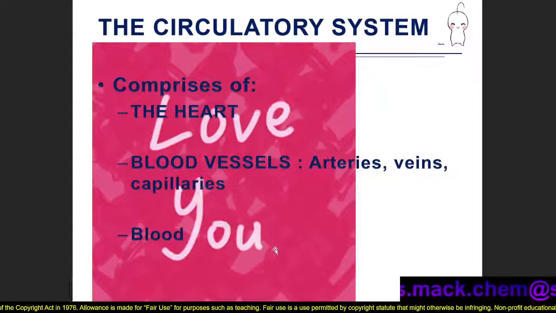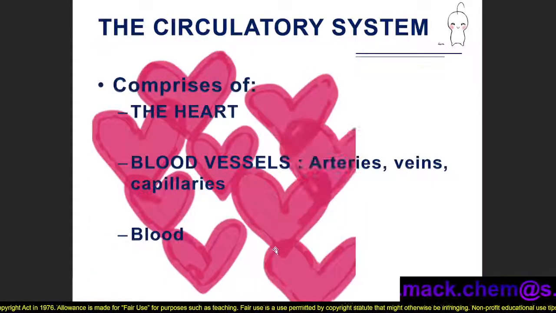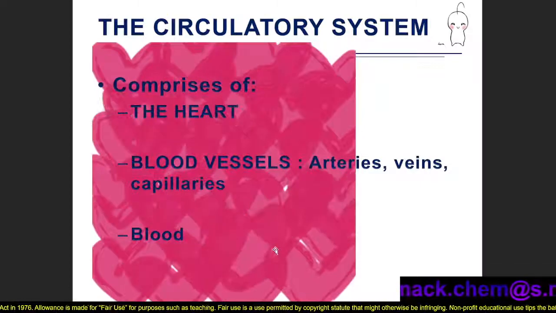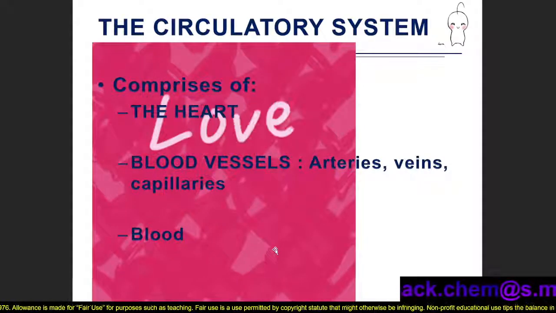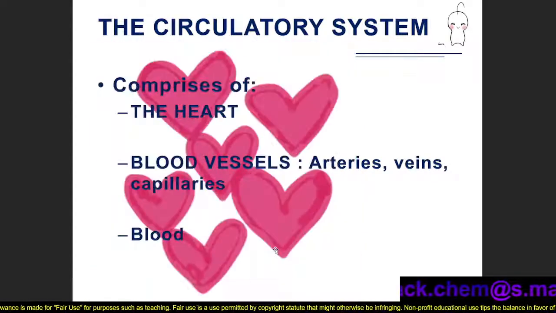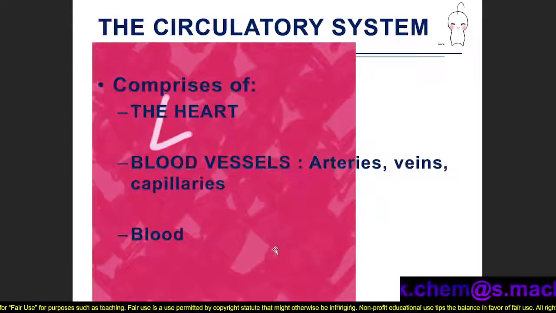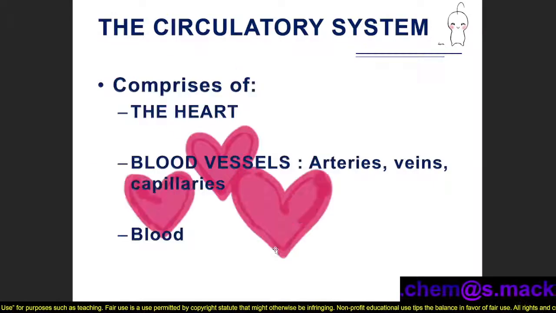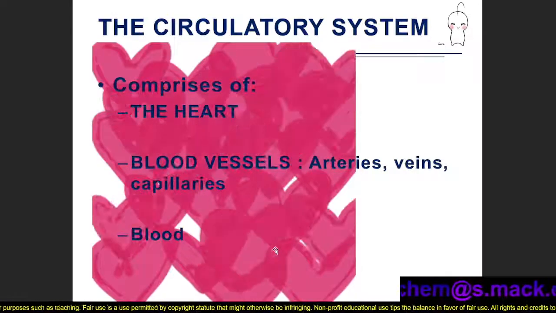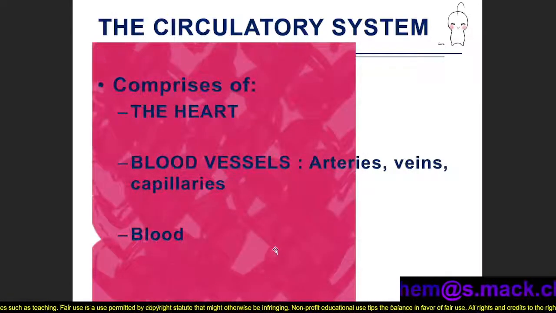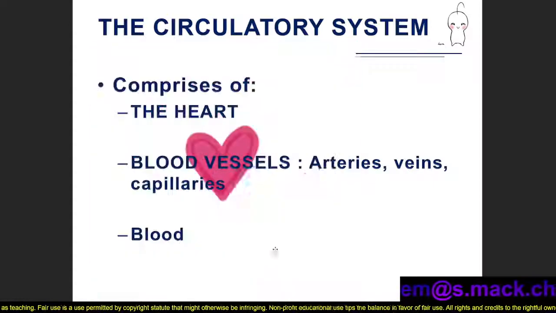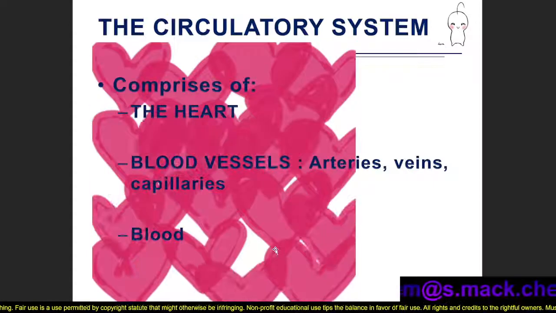Right? So we'll take down that the circulatory system, which is how transport in living organisms occurs, consists of the heart, blood vessels, and blood. Now I talked about the heart, the blood vessels, but I didn't talk about what is actually being transported in blood.